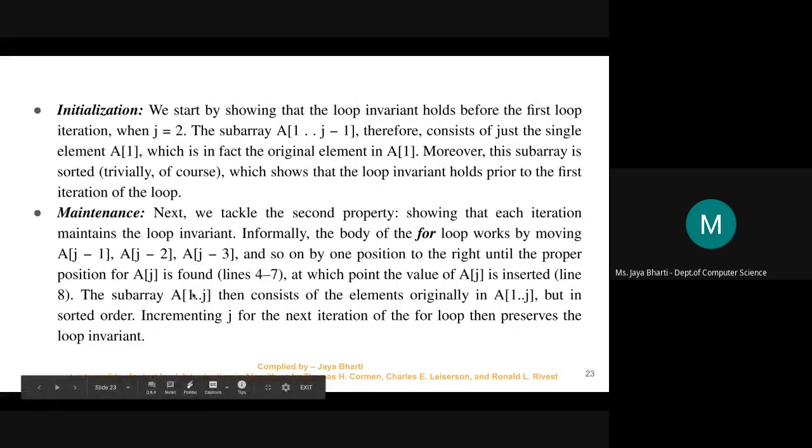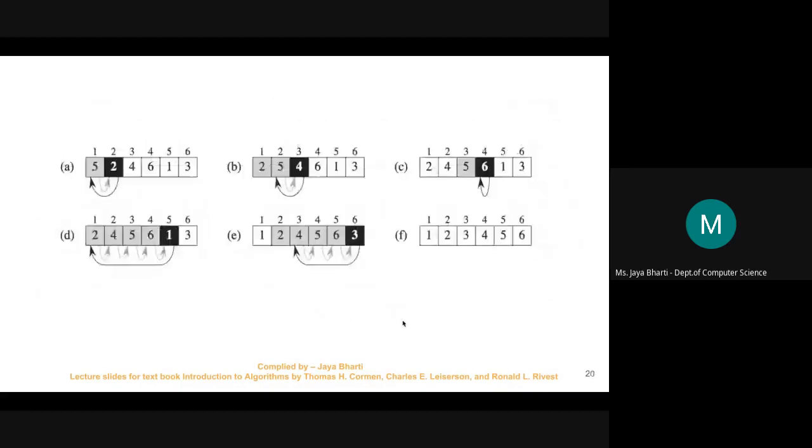Okay, so the subarray a to j consist, j क्या है हमारा? j is the current card which we have picked and then inserted in the sorted array. Okay, so now the subarray a1 to j then consists of the elements originally in a1 to j but in sorted order, which we have seen same element same है but now they are in the sorted order.